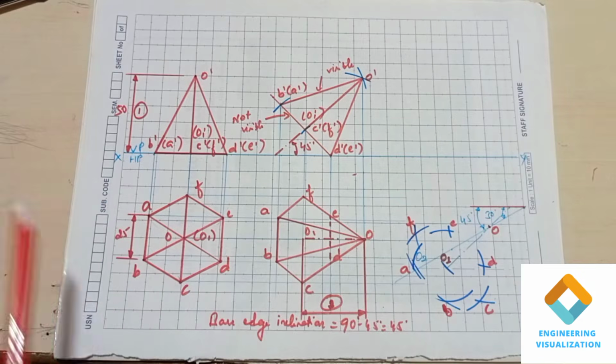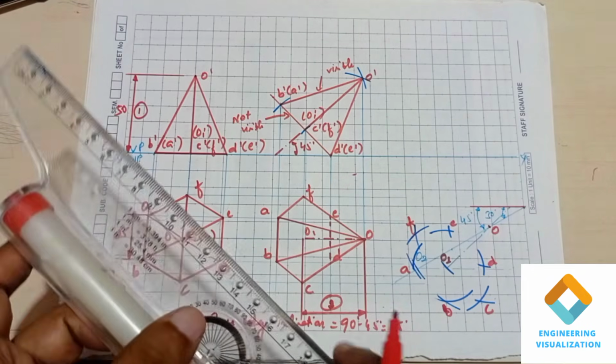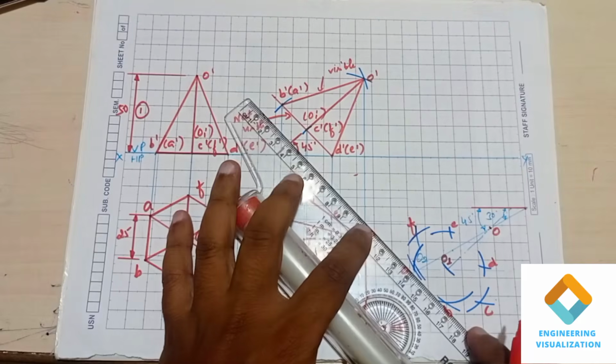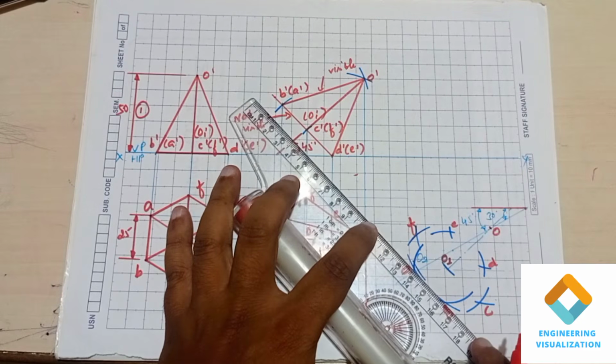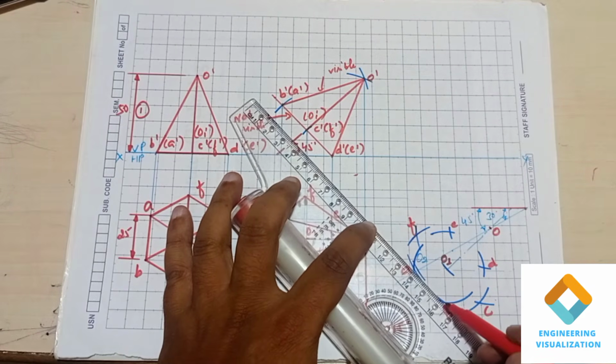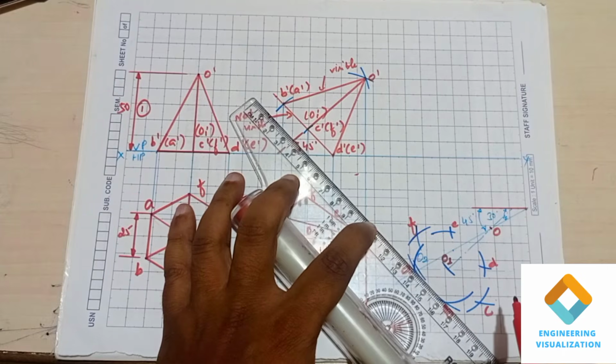So now join as per the diagram. The same way we have to construct wherever we have the continuous line, so try to connect with the continuous line. First I'll be constructing this hexagon.